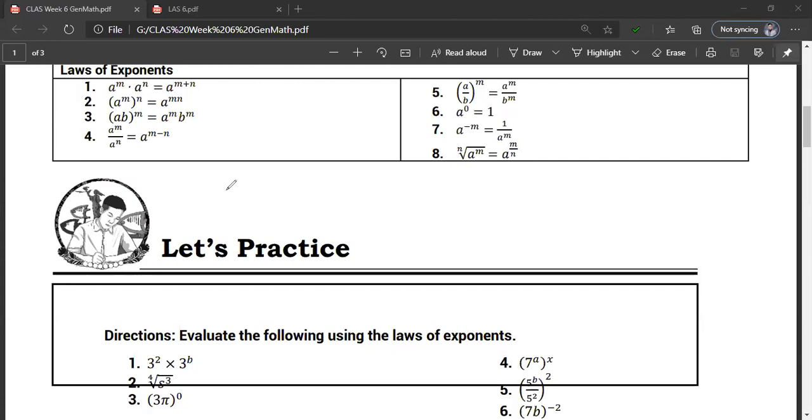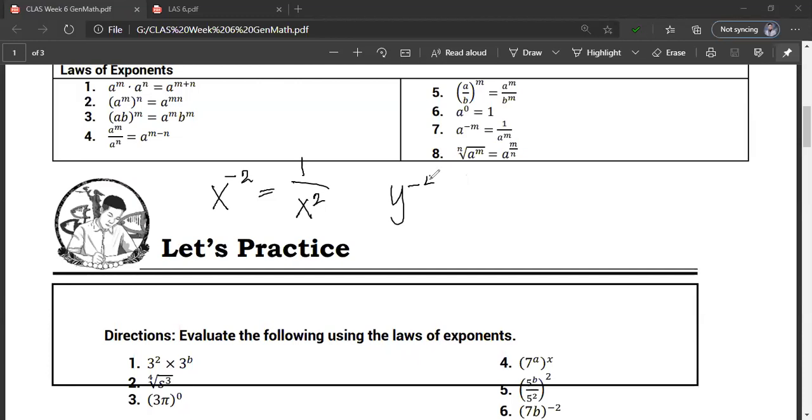Example, if you have x raised to negative 2, that would become 1 over x squared. Let's take for example, y raised to negative 4.